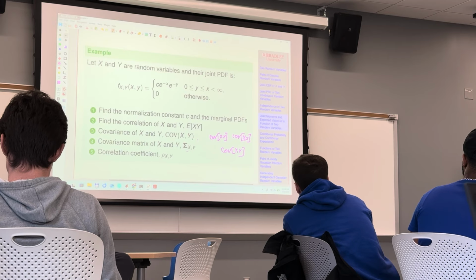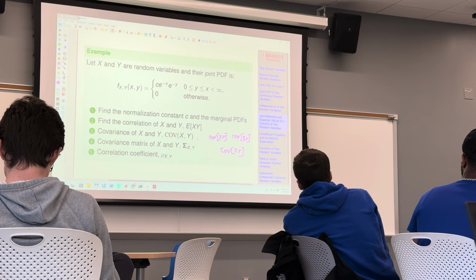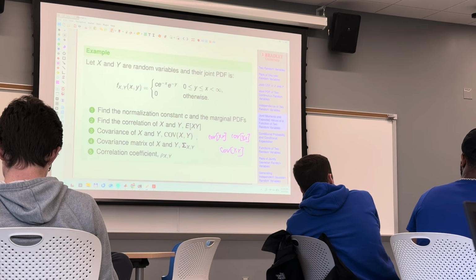I defined it when I gave you the solution. That is called the covariance matrix, and you will find that in the computer assignment. And finally, we want to find the correlation coefficient given this joint PDF.